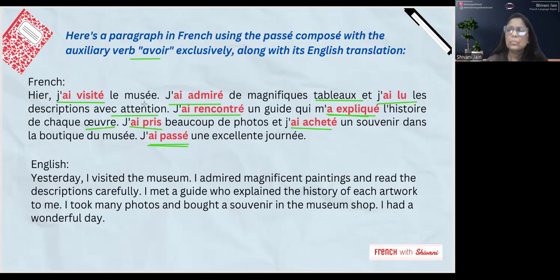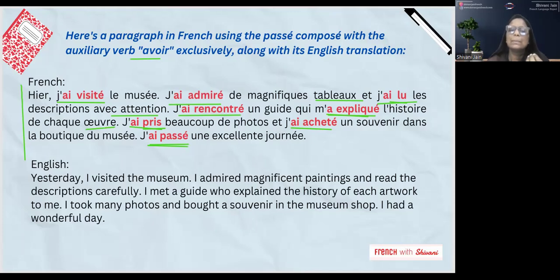Alors, ce sont les verbes, tous les verbes au passé composé avec avoir. So here, prendre was an exception. Even this verb lire. Okay, though prendre ends with re and lire ends with re. Ce sont des exceptions.